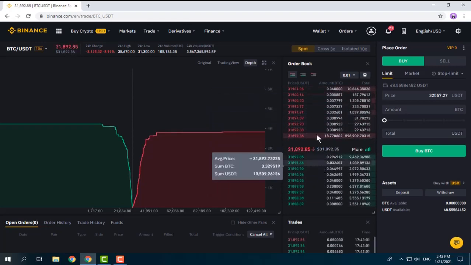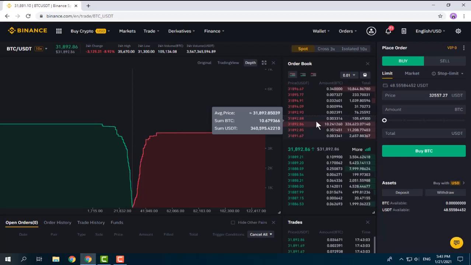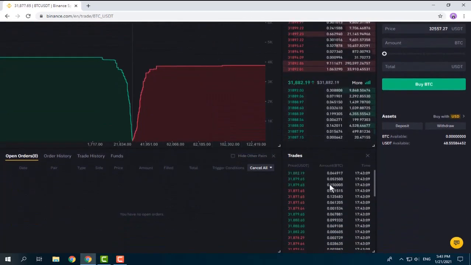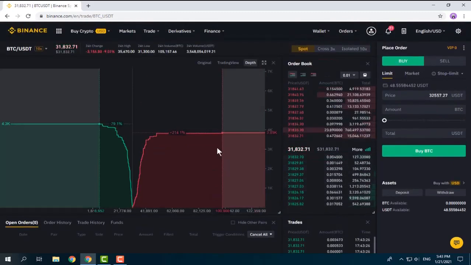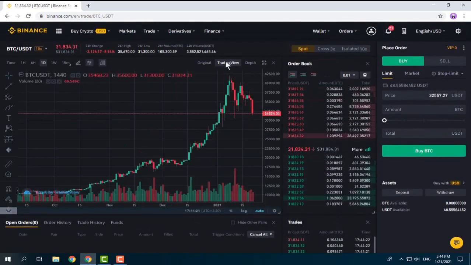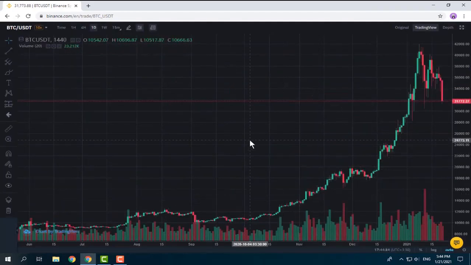Actually, these are pending orders you see here in the order book section. And the most recent completed orders are shown here in the trade section. So here, these are the most recent trades that are successfully completed. Okay, getting back to the price chart, by the help of this button, you can have a full screen chart, which is more helpful when you're analyzing the chart.